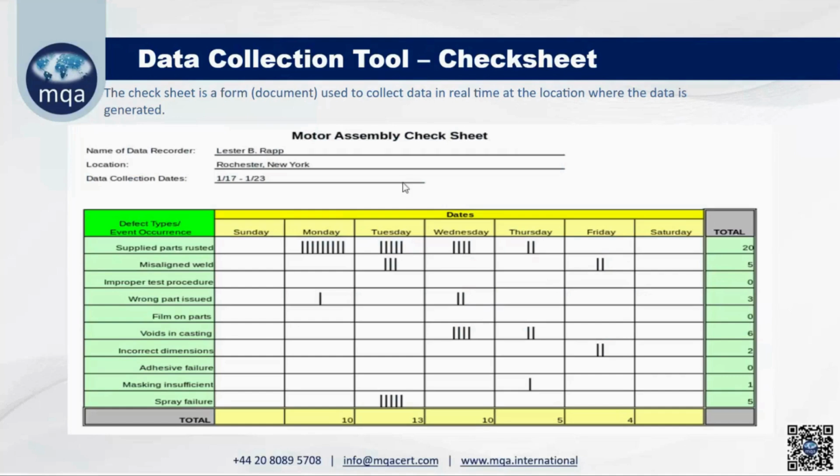First data is day-to-day data in the total week, part wise and day wise. Like defect to defect data I got and day-to-day data I got. So rusted part 20, weld 5, and so we got the total quantity for both the day and the defects, individual defects.